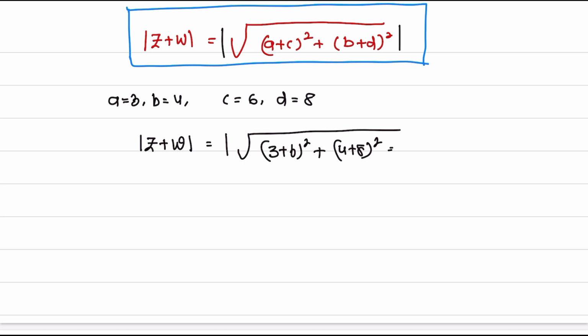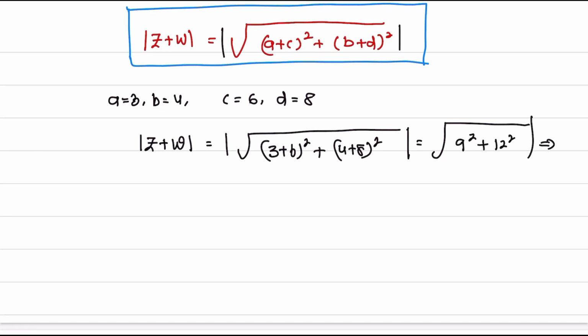That is equal to square root of 9 square plus 12 square. Z plus W. When you do it with example, then you will understand the concept very easily.